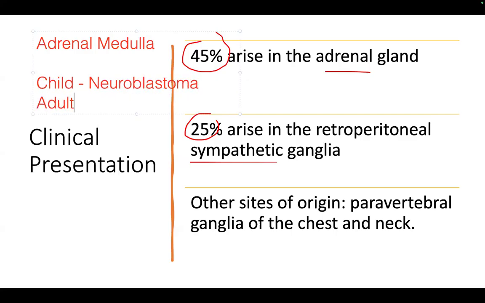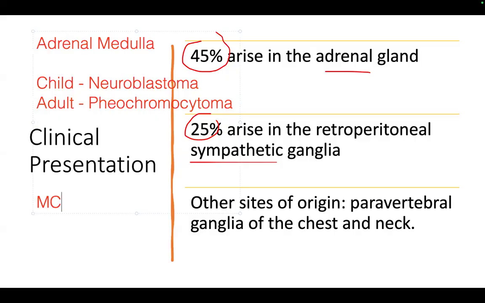What if it's an adult? What is the most common adrenal medulla tumor in the adult? In the adult, what we would encounter is the famous pheochromocytoma. In children, it's neuroblastoma. In the adult, it's a pheochromocytoma.